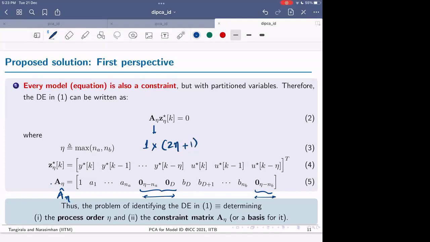Now it is no longer M variables. We have only 2 variables, so to speak, one input and one output. But as I mentioned even yesterday, the size of A now changes because we are including lagged variables.